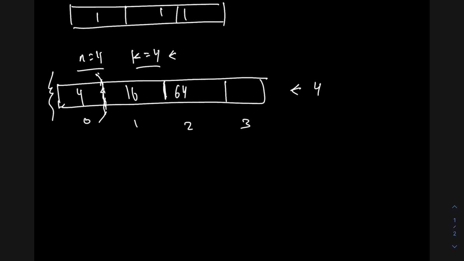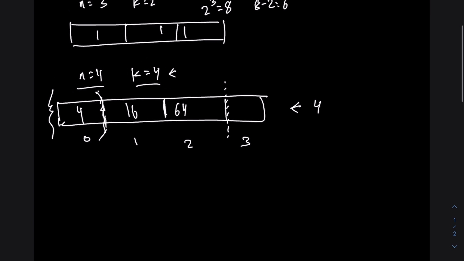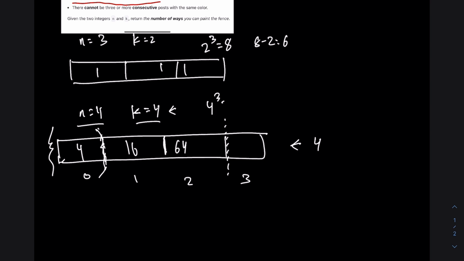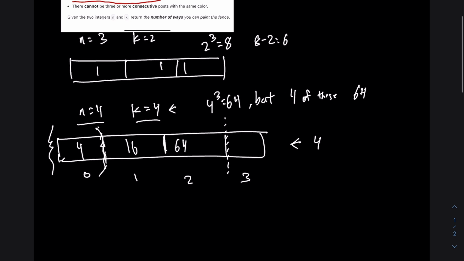Because up to this point we have 3 posts, if we have 3 posts, it would just be 4 to the 3 equals 64. But 4 of these 64 are all the same color.